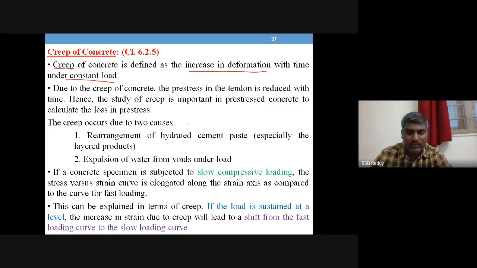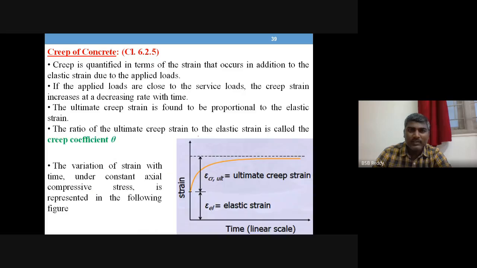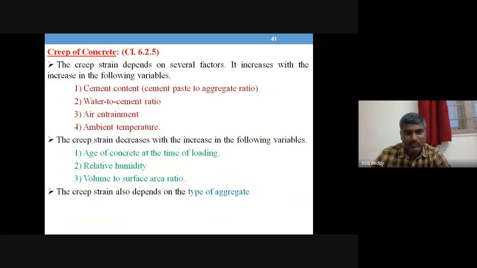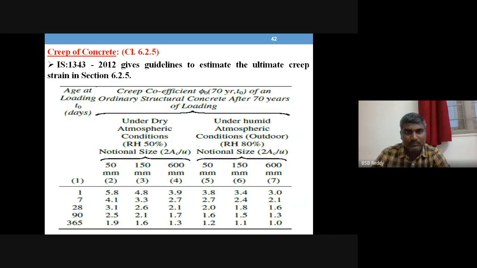So how to calculate creep of concrete? This is also one of the important aspects to control losses. Okay, so the creep property is defined with the creep coefficient theta, and its dependency on different parameters.